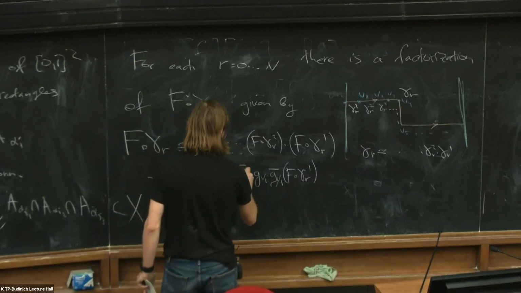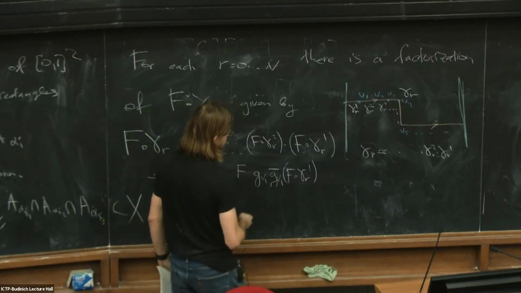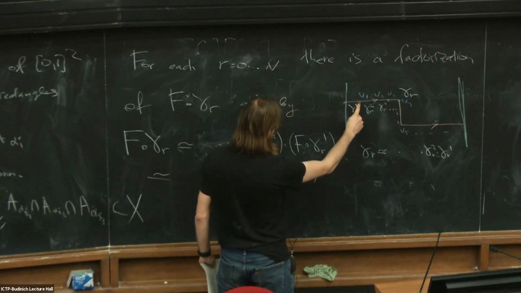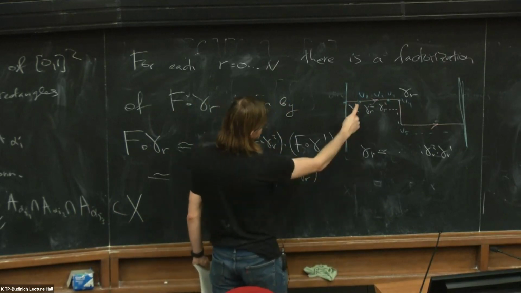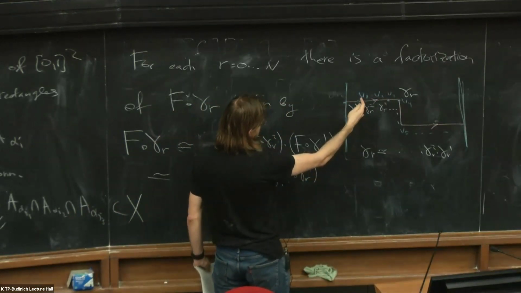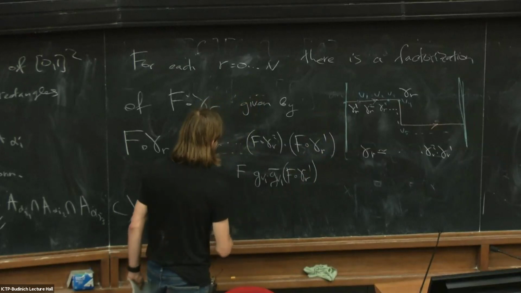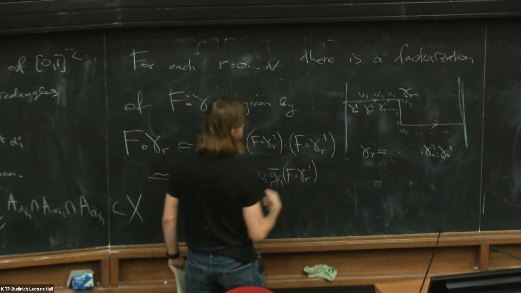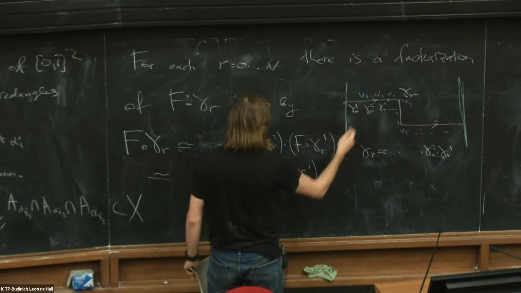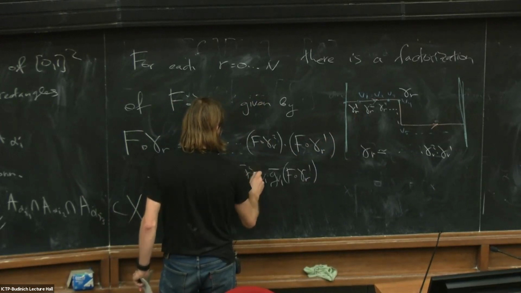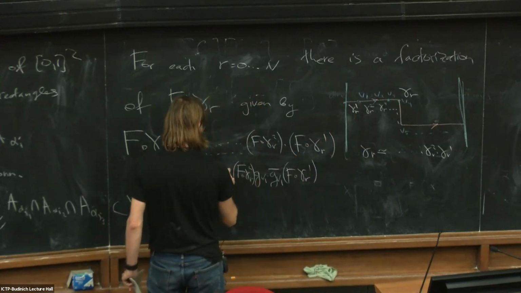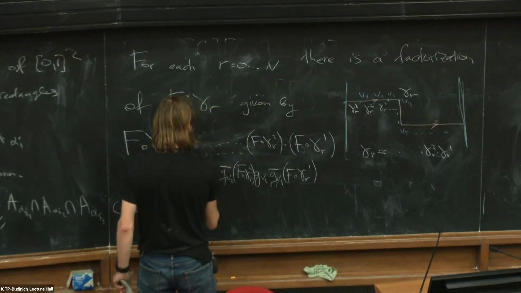GV1 is a path going from f of V1; GV1 bar is a path which goes from f of V1 to x0, and GV1 takes you back from x0 to f of V1. Then you follow with f of gamma R2. Then you insert GV2 bar, GV2, and so on.